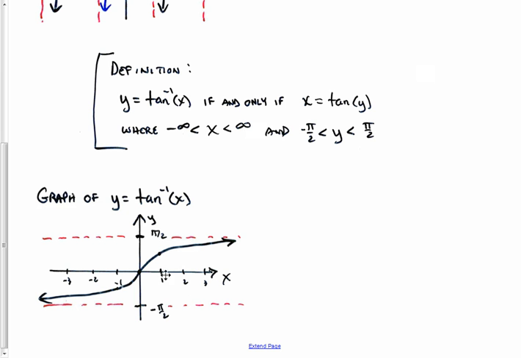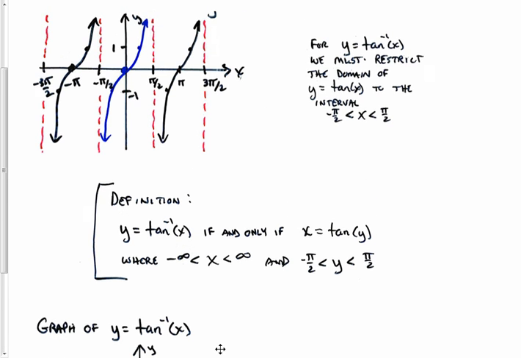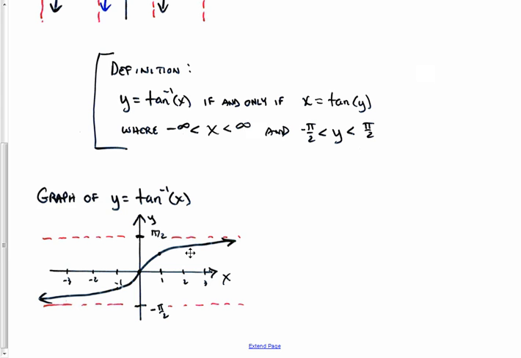So if we have an x of 1, our y value would be pi over 4. We switch them. If our x is negative 1, then our y value will be negative pi over 4. And you see how those vertical asymptotes end up being horizontal asymptotes in the inverse tangent function.